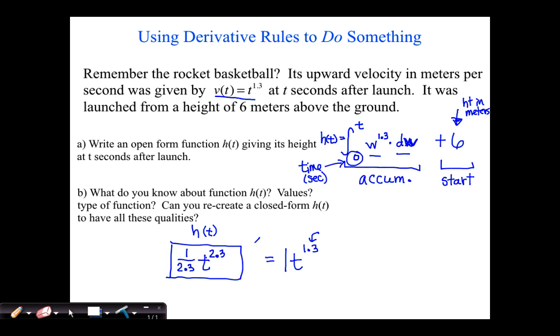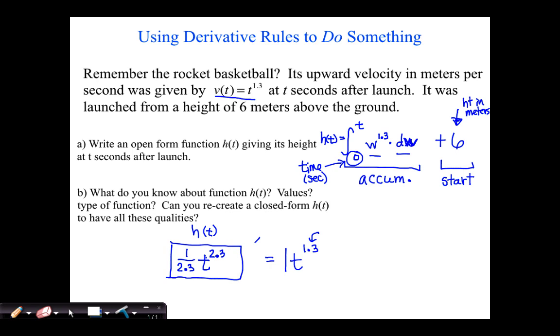But would you agree that if I took the derivative of this expression here, I'd end up with that? All right, are there other functions that I could have put in the box that would have that exact same derivative or rate of change? Could I change this other than just making it 10 over 23 instead of this?